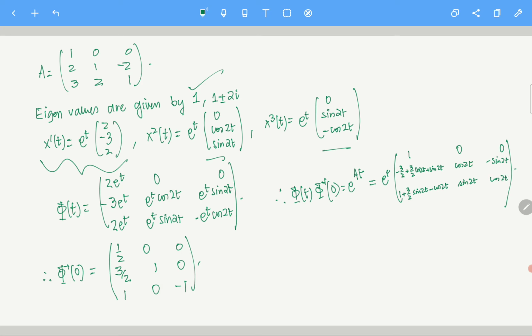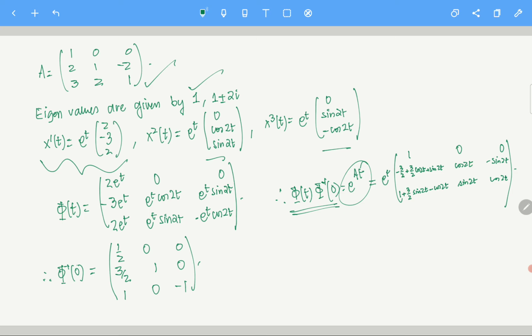Clear? I just multiplied those two. So phi of t phi inverse of 0 is e power at. Or you can just calculate e power at directly for the given A, and that's also fine.